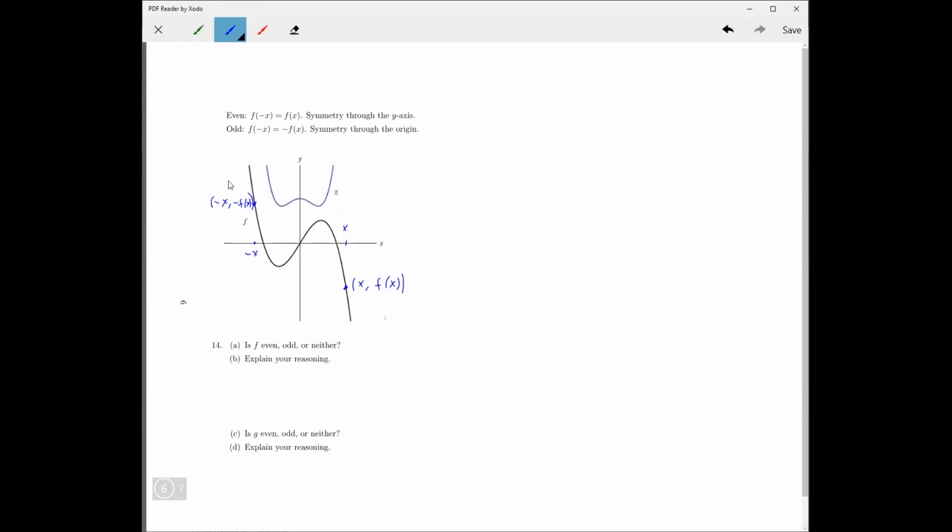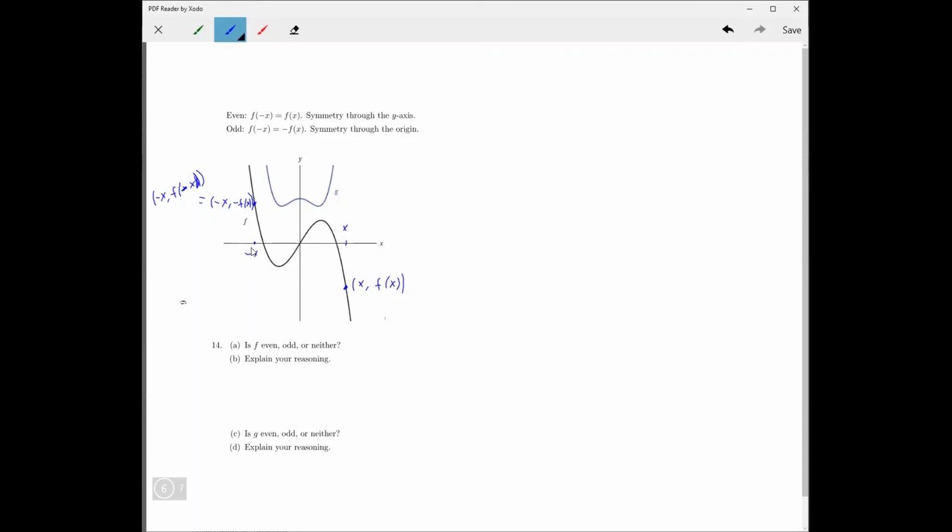Okay, but this coordinate is also f of negative x, because that's how things get qualified to be on this graph here. Every point on this graph, if you go to the x coordinate, then the y coordinate is going to be f of that x coordinate.